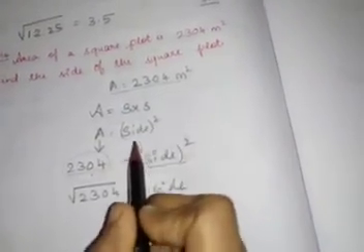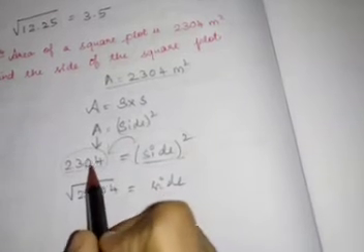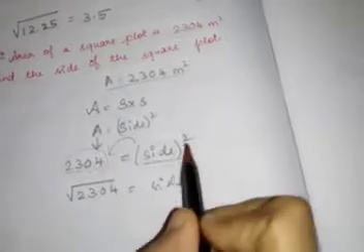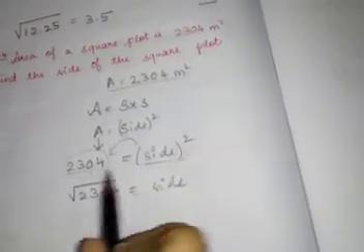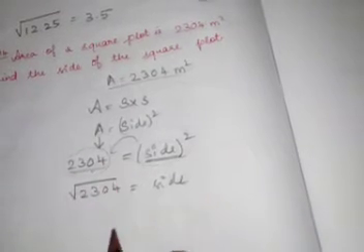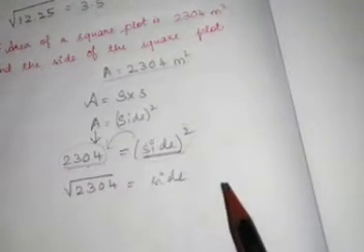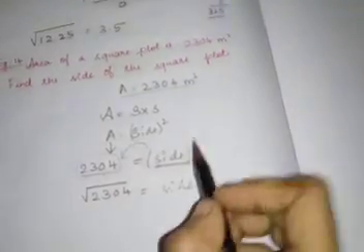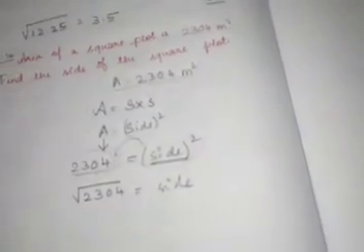So what is the side square value? 2304. If you want only the side, you can do the square root of this, so you will get the side value. If you move this square to that side, it becomes a square root.